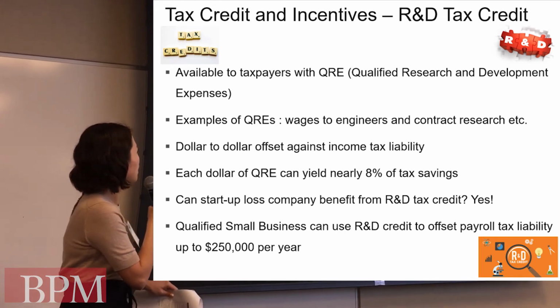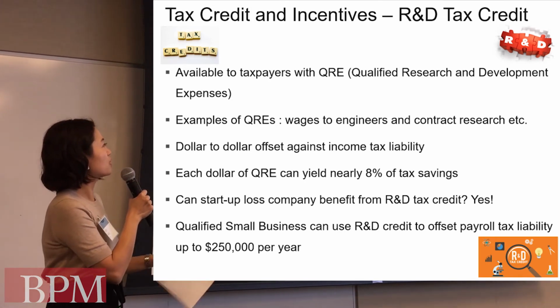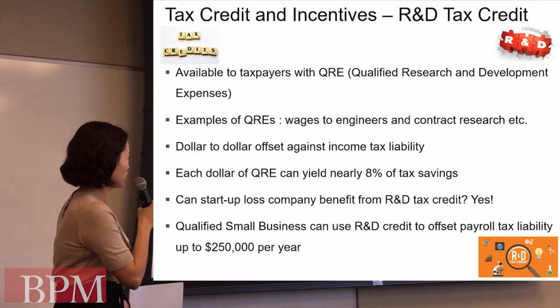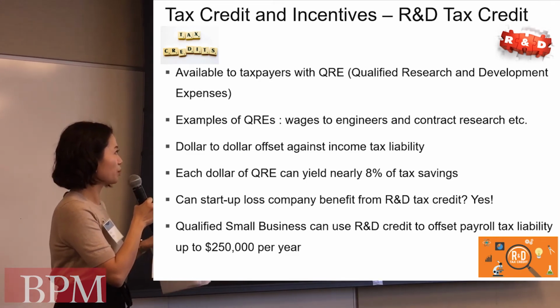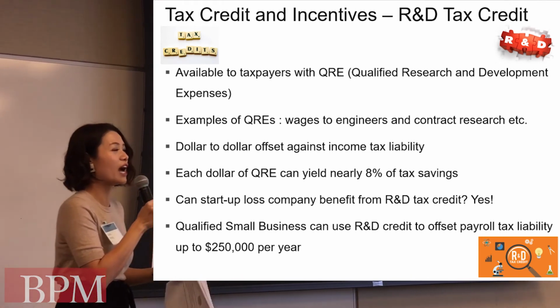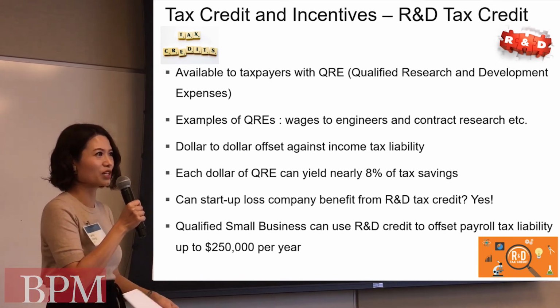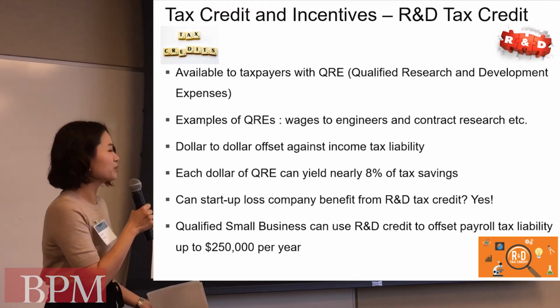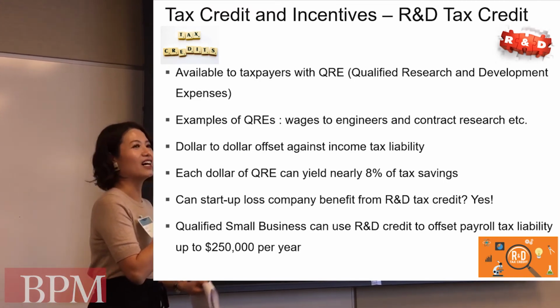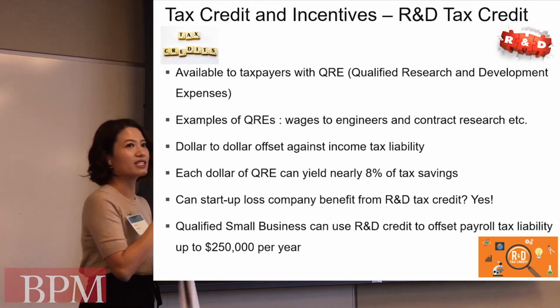So for a lot of startup companies, because in the beginning they are in a loss position, can they still benefit from this R&D tax credit if they don't have any income tax liability because they are not profitable? The answer was no in the past, but now the answer is yes.